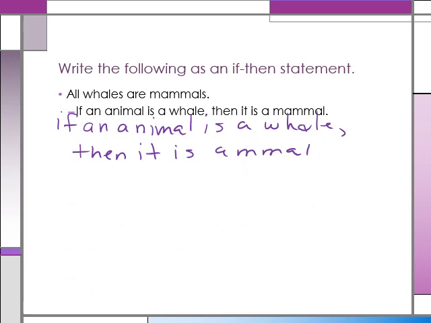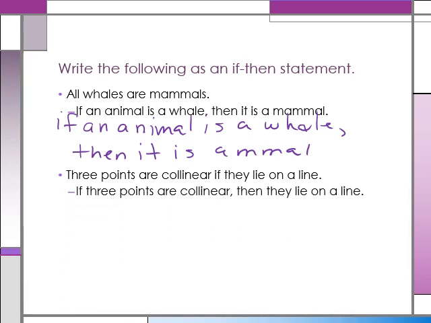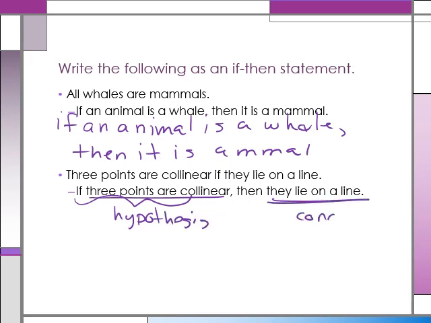Next, 3 points are collinear if they lie in a line. So if 3 points are collinear, then they lie on the line. This is the hypothesis, 3 points are collinear. This is the conclusion.